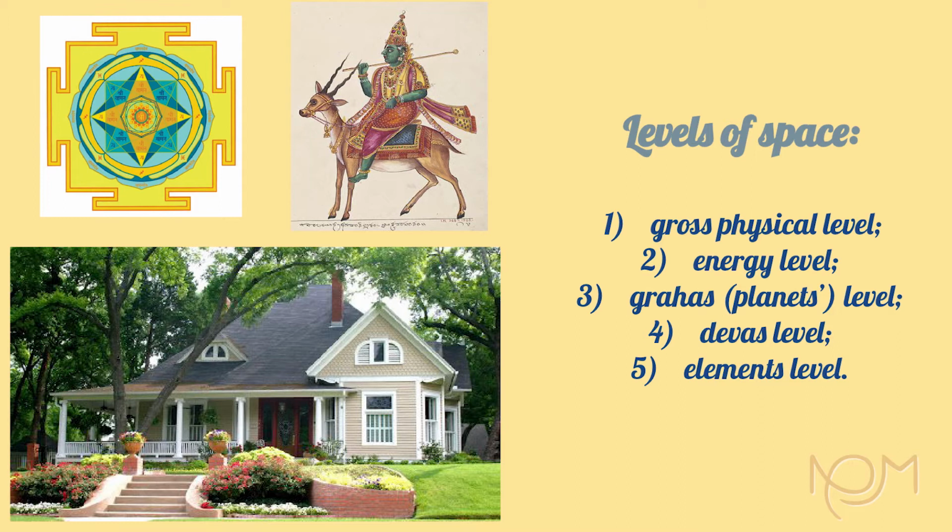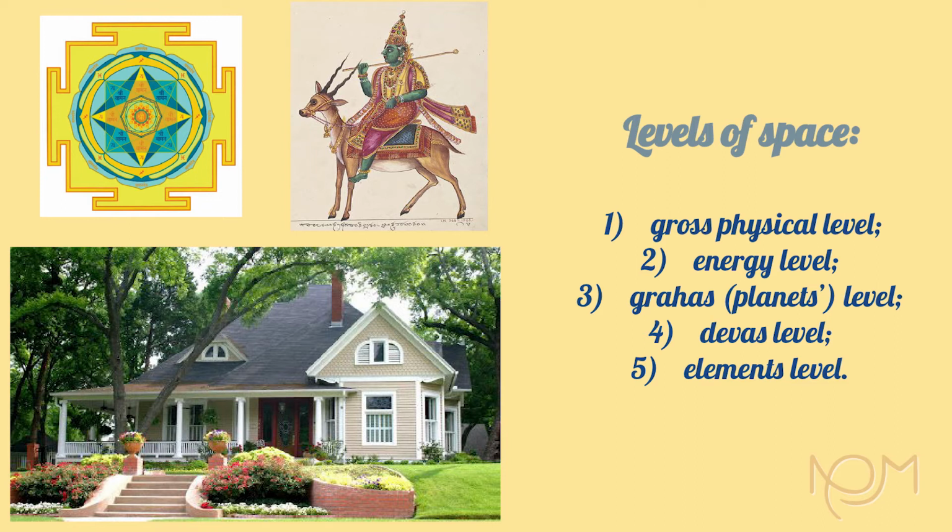But then come more subtle layers, starting from energy level, where we're gonna talk about such things, for example, as solar energy and its movement, which is called pranic urja. And there is this next video when I'm gonna talk more about energy level and why it's so important for us.